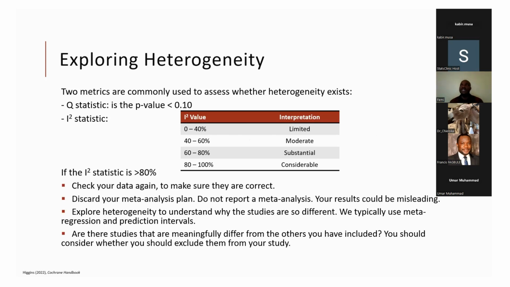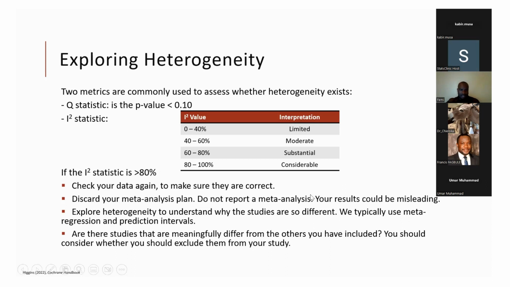It only tells you that heterogeneity exists. It doesn't tell you to what degree or to what extent. So when you do your Q statistics, which you are going to do this evening, and you get a p-value less than 0.10, you could say heterogeneity exists, but you don't know to what extent. But the I-squared statistic could give you an idea as to how much heterogeneity exists.